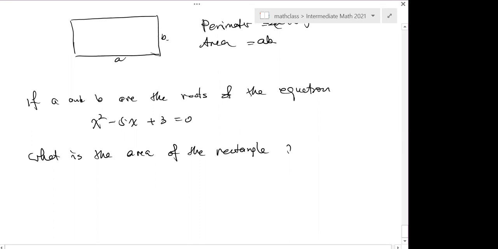So you know A and B are the roots of the equation, that means A and B are the solutions of this equation. We don't know what their solutions are, but you may be able to solve it. Then the area is going to be A times B, so maybe you can just find the two roots first.